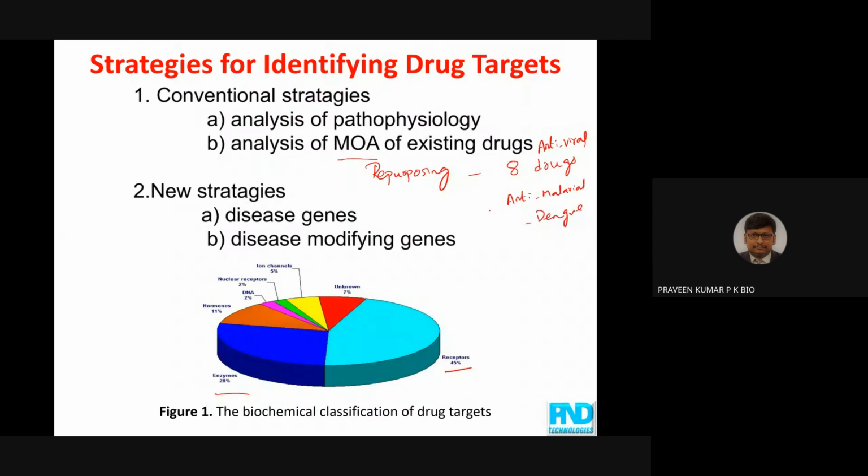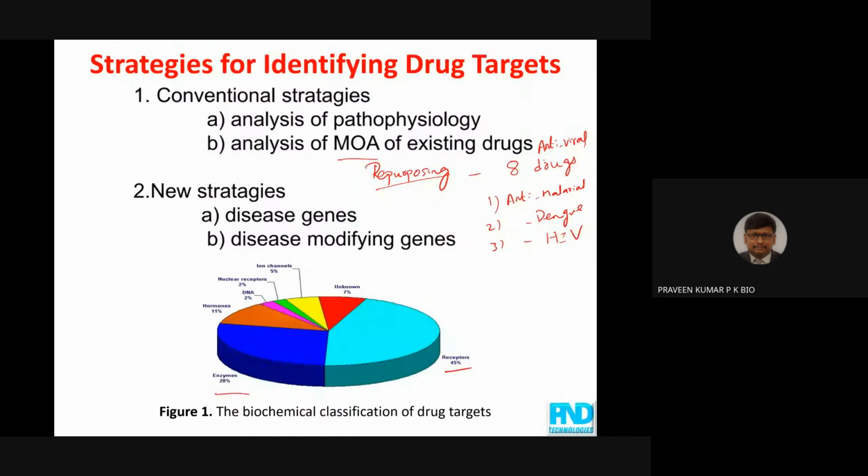Surprisingly, one of the drugs they used is anti-HIV. I don't know how many know about this information. Whether an HIV drug can work with SARS-CoV-2, is it possible? But the clinicians don't have any idea. They are not biotechnologists. They don't know what drug exactly we want to use. They just have an idea that we have to repurpose the drug.